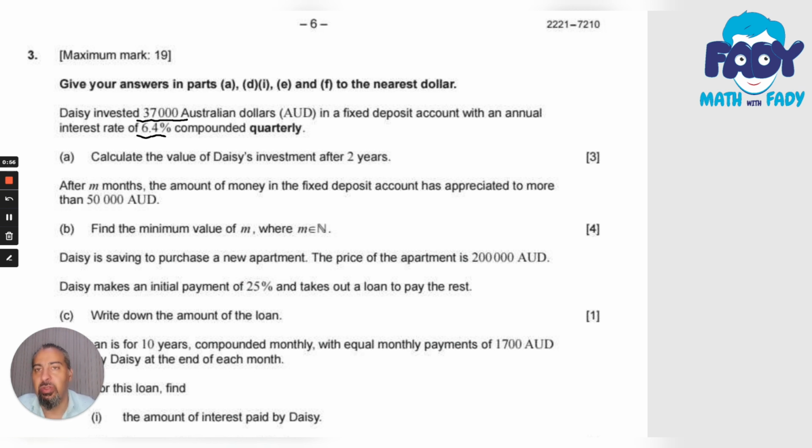In Casio, you will press menu and go to TVM, or if you are using a Texas calculator, you enter apps, then finance, TVM. When you enter the TVM application, we will need compound interest. To calculate the value of the investment after 2 years, we must note something.